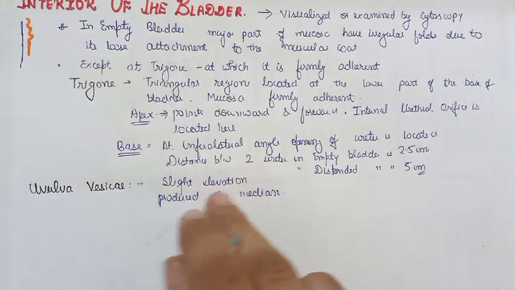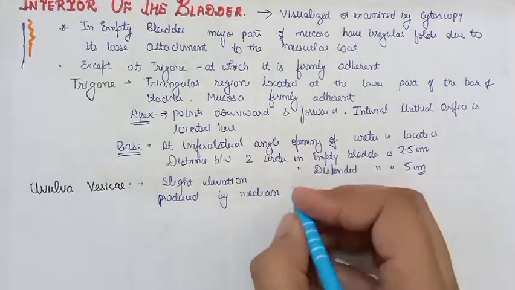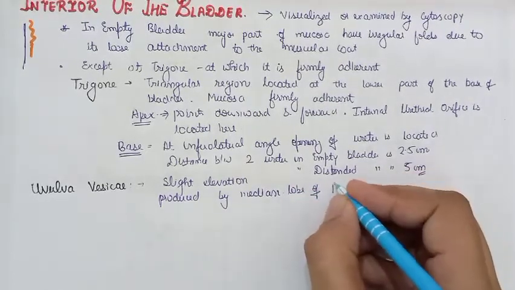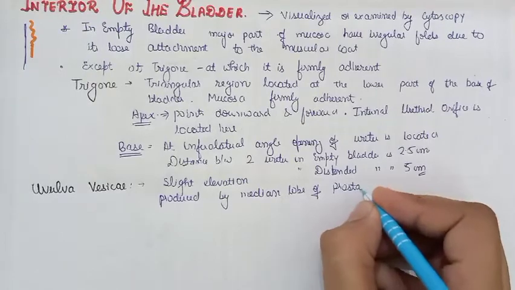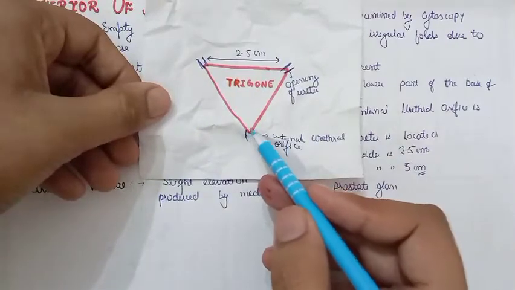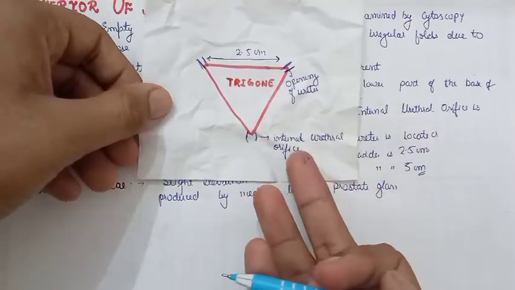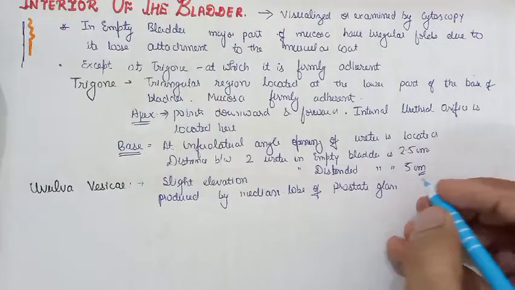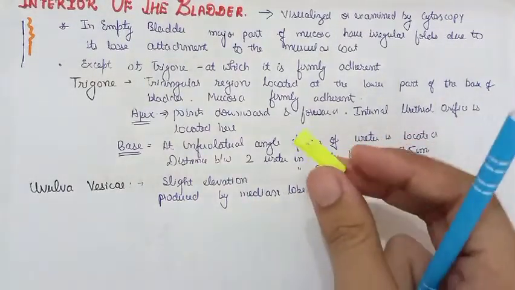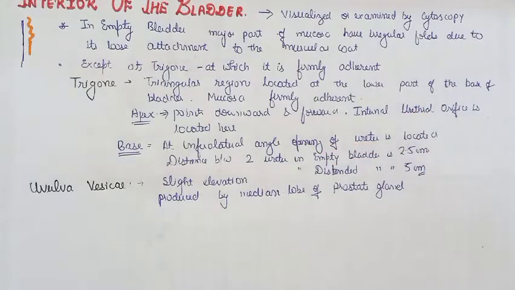So there is a slight elevation produced by the median lobe of the prostate gland, and where is it located? At the lower part of the trigone, just behind the internal urethral orifice. The median lobe of the prostate gland. In our model, this was the median lobe.